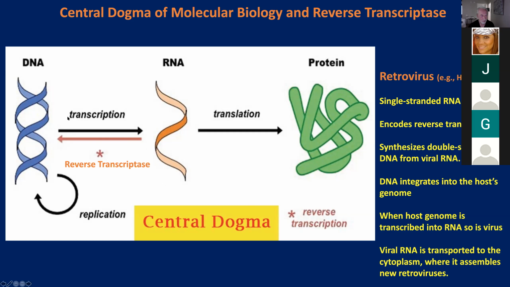So the central dogma is wrong. It isn't a one-way street. From RNA, you can either translate to protein or be reverse transcribed to double-stranded DNA. So remember that might come up sometime as a question.